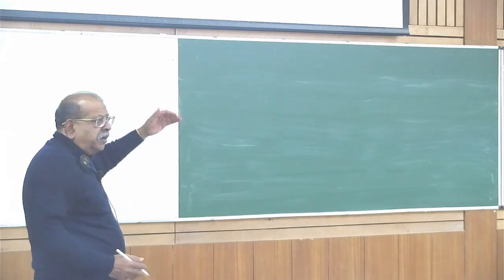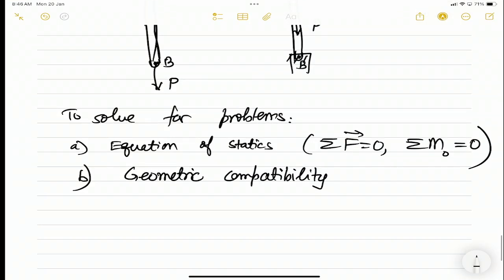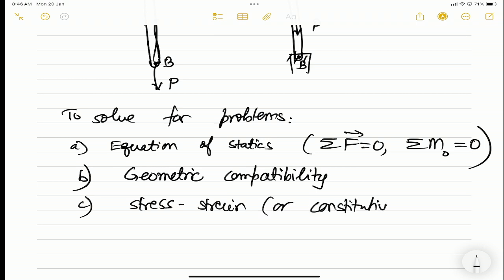So geometric compatibility has to be seen, and the third thing then we will have to use is the stress strain or constitutive equations. And using these three principles, we will then be able to solve even the reactions at statically indeterminate problems.